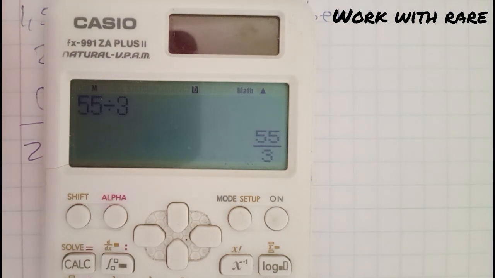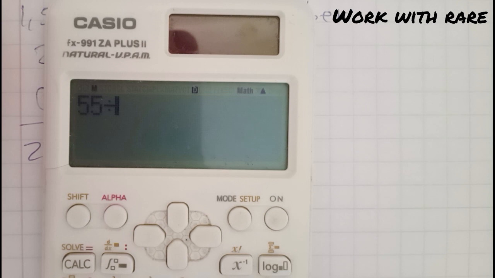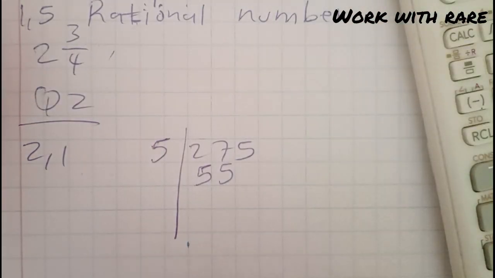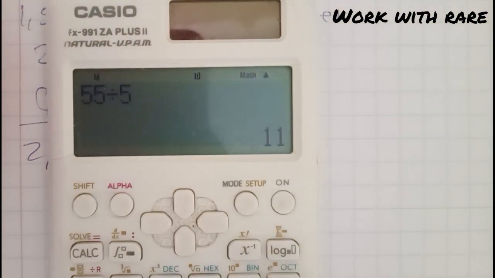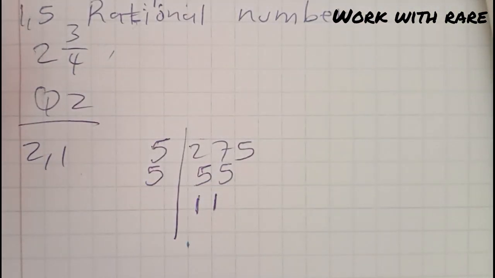Remember, now we want prime factors. Let me substitute 5 because 4 is not a prime number. Oh, it gives us a real number. So 55 divided by 5, it's 11.